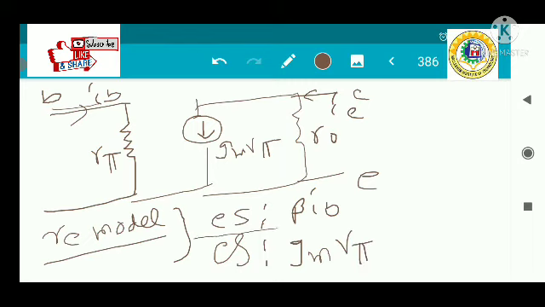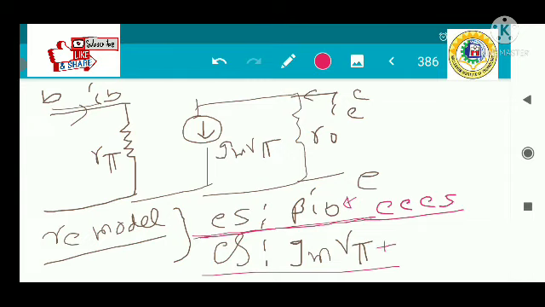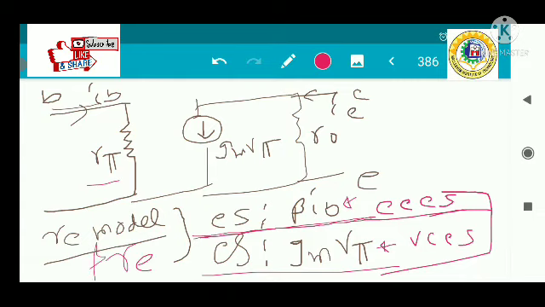So whenever you consider the RE model, the source represents a current controlled current source, controlled by IB. Whenever you consider the hybrid pi model, that is a voltage controlled current source. That is the only difference. And this R pi can also be replaced by your RE or beta RE, whatever you can say. And this R0 is already there. So that is all about this.